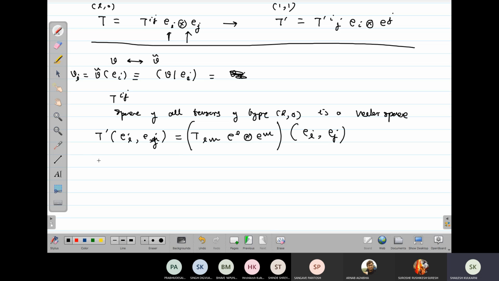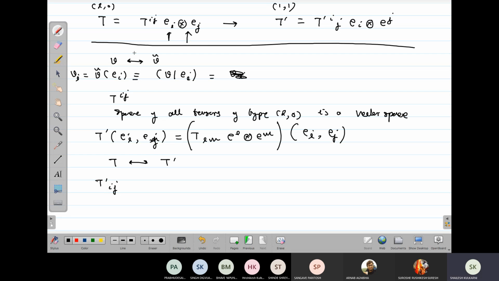you consider, corresponding to this T, you associate a dual tensor, say T prime, and we want the component of T prime in this basis. Let us say that Tij is the component of T prime.